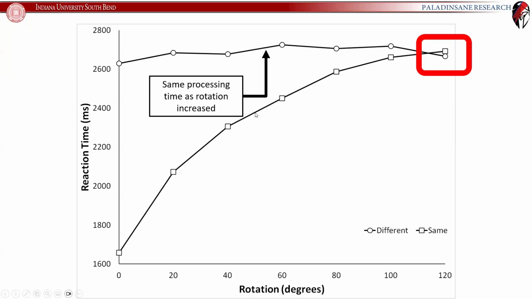And then if you added your propositional representation, you could figure out how long it takes you to solve it with a propositional representation by looking at the difference between your two lines. Now, it's quite possible that your data will look like this, because it took you 2,500 right about there, and then what are we going up to? About 2,700. It took you about 200 milliseconds to do your propositional strategy.